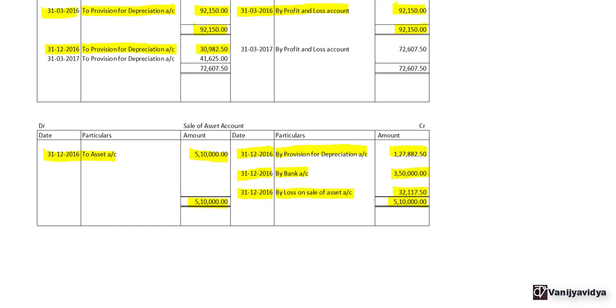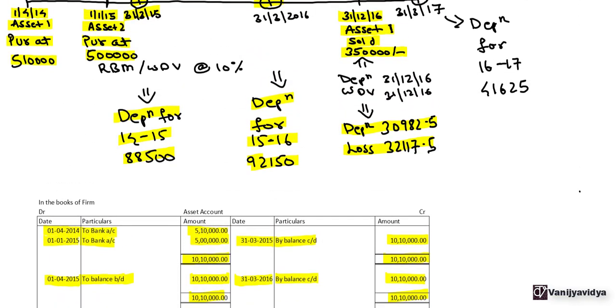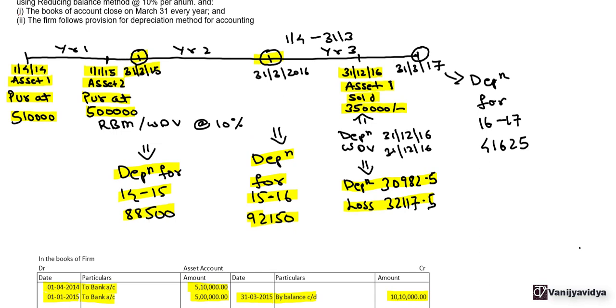Now there are no other transactions for the year 2016-17. So we record the depreciation entry on 31st March 2017. Depreciation for the remaining asset is 41,625.